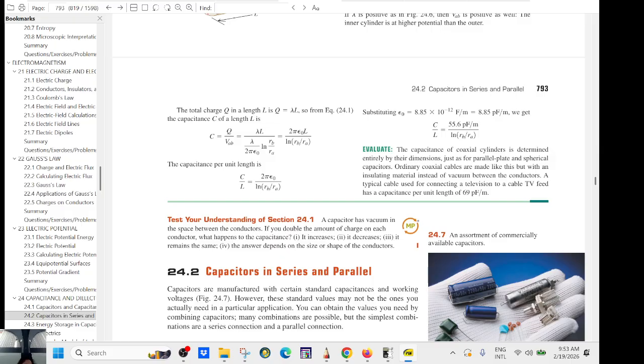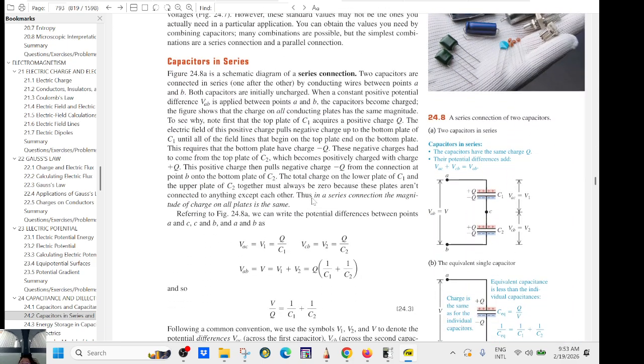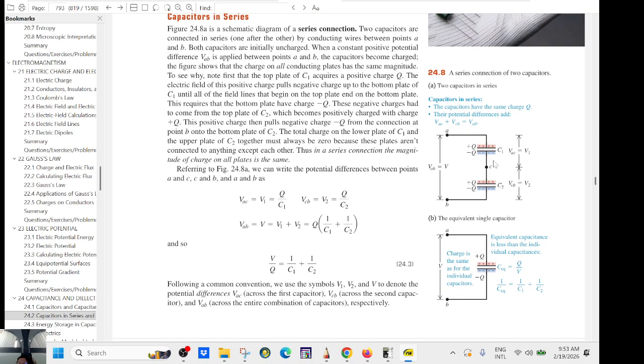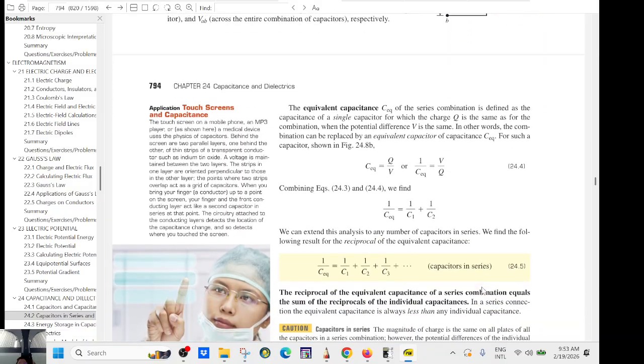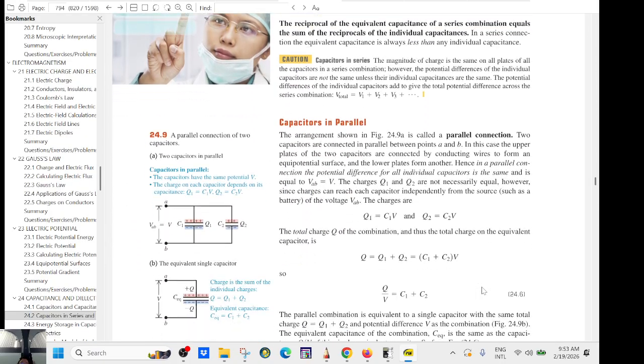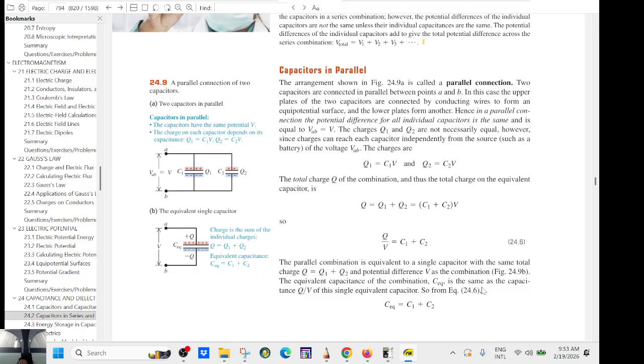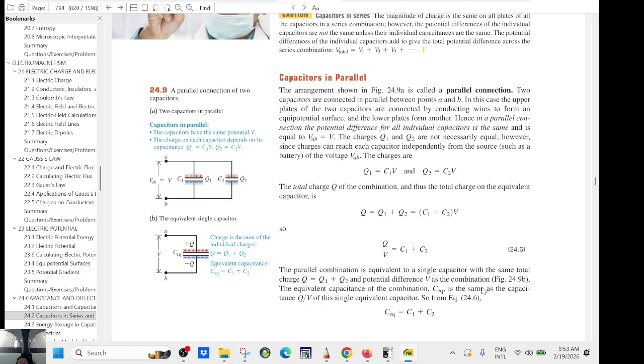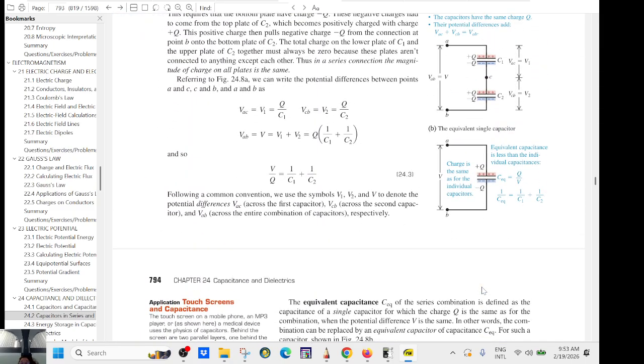Okay, you have capacitors here. You can have capacitors in parallel. In that case, you are boosting the charge; the charge will add up. It's the opposite of resistance. So we can find the equivalent capacitance. In series, it will make the capacitance weaker.